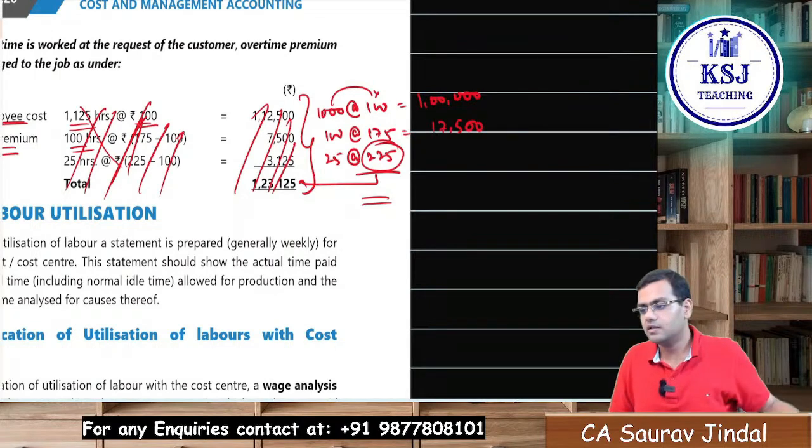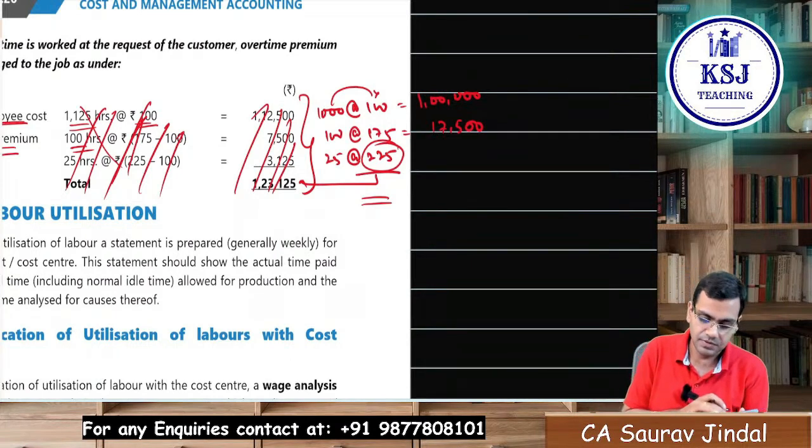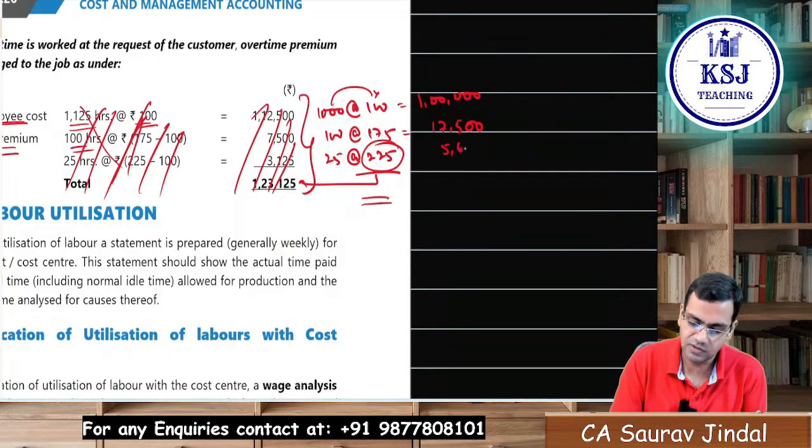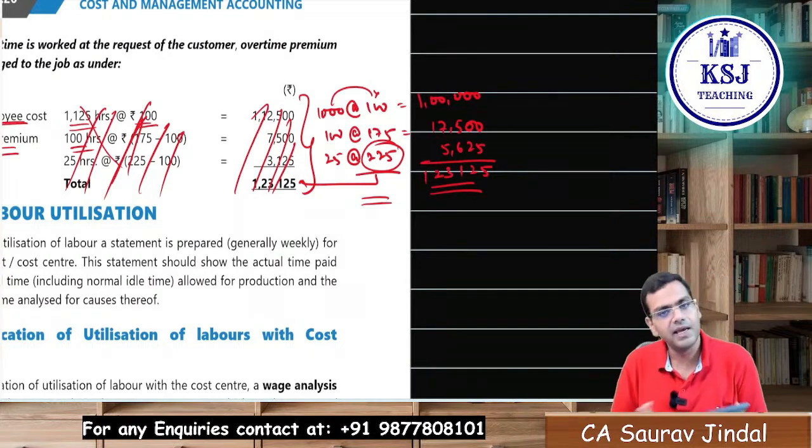And for the Saturdays and Sundays, 25 hours, you are going to pay him 225 rupees, right? That is 5,625. So the answer here is 1,23,125. You can do it this way, absolutely fine, no need to worry.